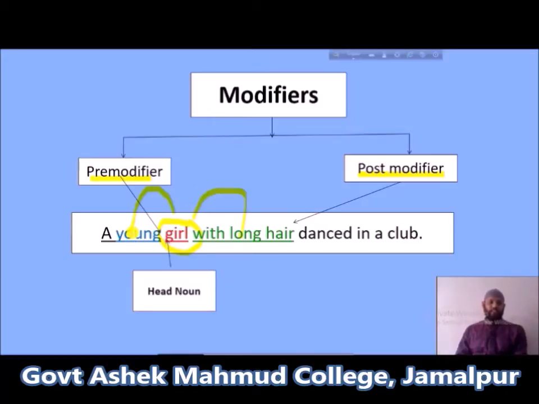This is why young is called pre-modifier and with long hair is called post-modifier. And one thing you should remember, a modifier is not only a word, it may be a phrase or clause. We have already learned it. So modifiers are 2 types, pre-modifier and post-modifier. Pre-modifier sits before and post-modifier sits after.